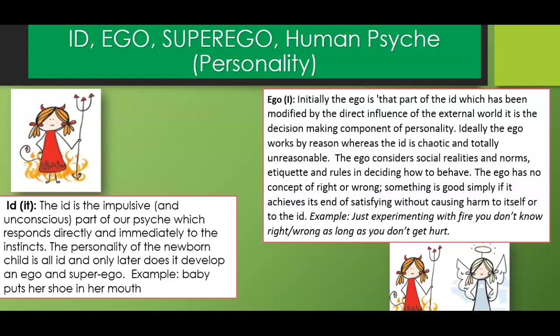We attribute that concept to Sigmund Freud on the human psyche, the id, ego, and superego. Again, the first one is the id, which is something impulsive. We call that the devil. It's something that we do just out of natural instinct. If a child gets mad, perhaps they may bite another child, okay?